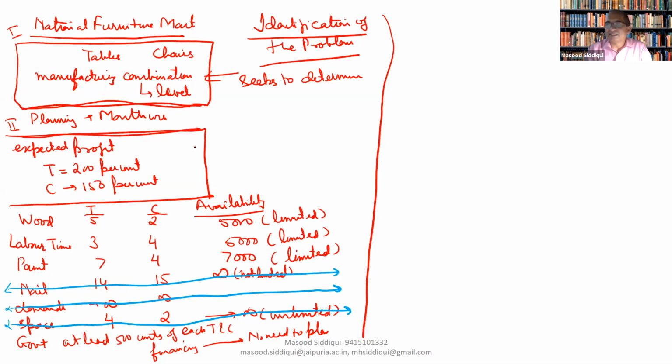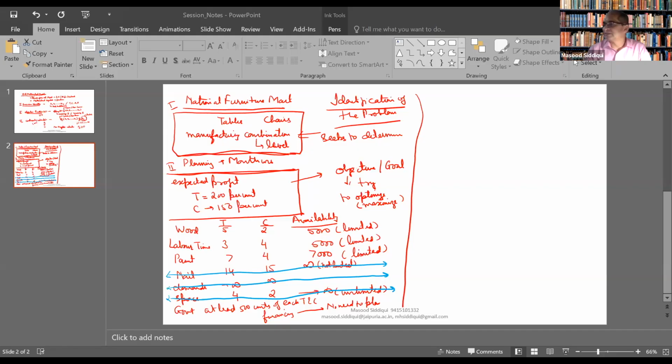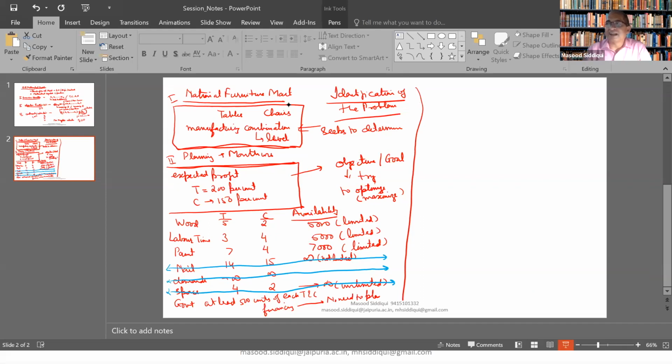The second part is the objective or goal of the decision maker, right? It tries to optimize. Obviously here it is related to profit, which is a positive thing. So the decision maker wants such a number of tables and chairs that the profit is maximized.